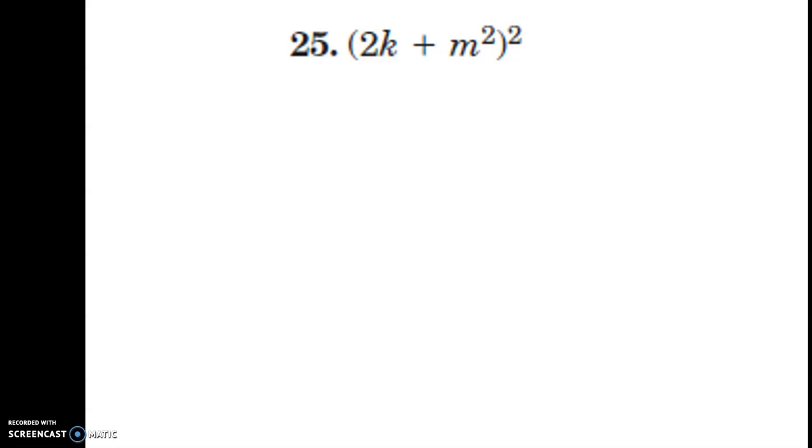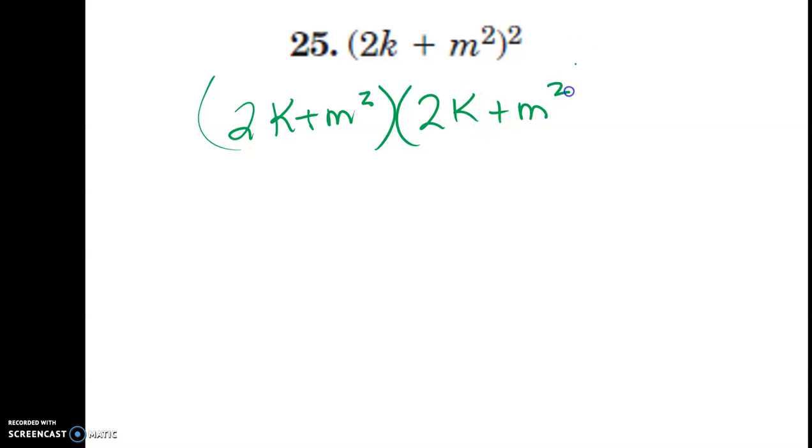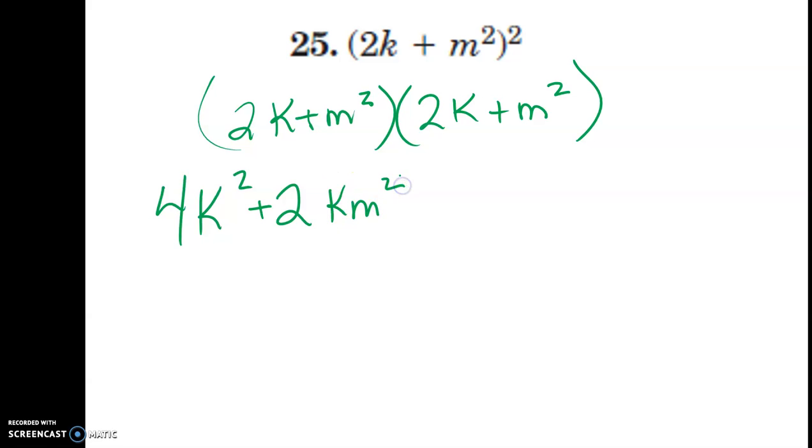Last but not least, we have a lot going on inside of this one. Again, we rewrite it as if it were two binomials so that we can do our first, outer, inner, last. First two terms, 4k squared. Outer two give me 2km squared.